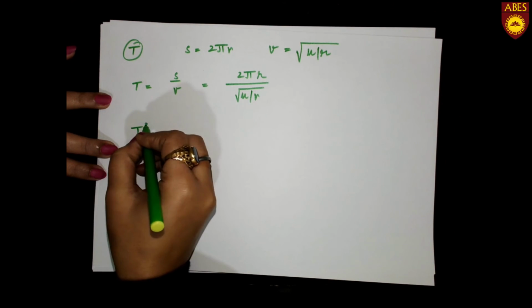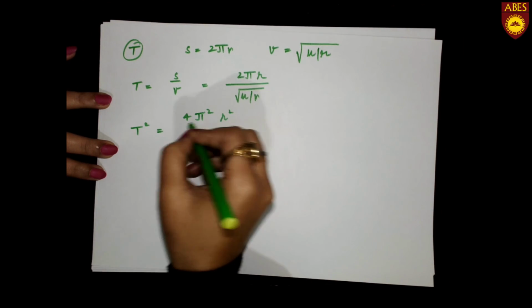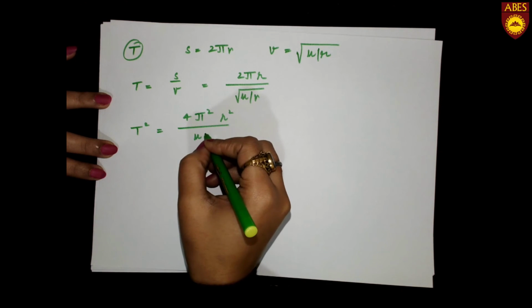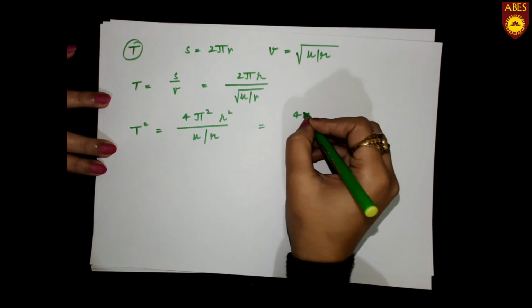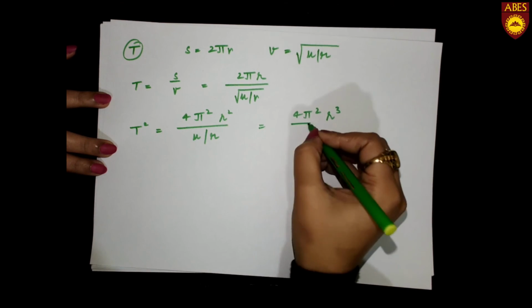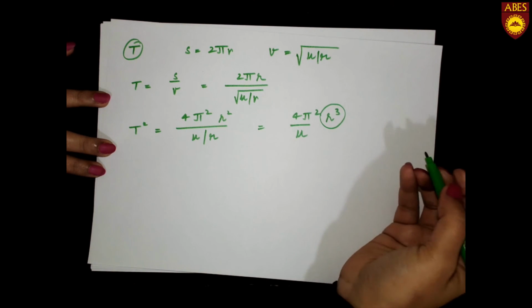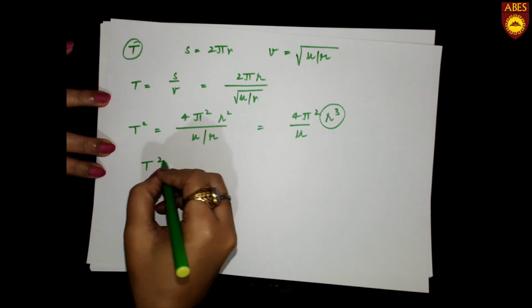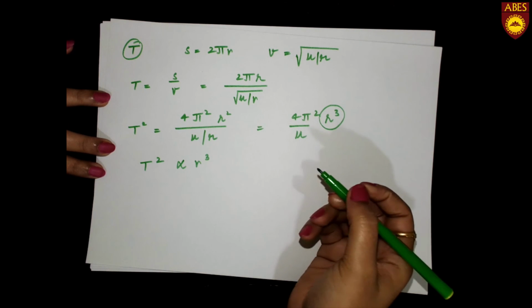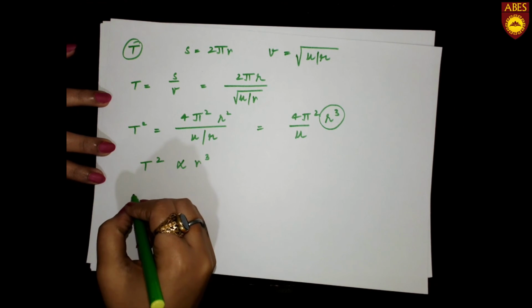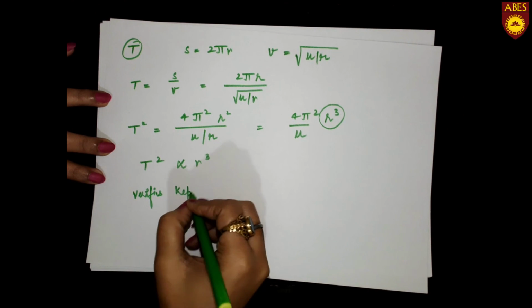Now squaring this time period gives you 4 pi square r square upon mu upon r, which gives you 4 pi square r cube upon mu. If it were an ellipse, this r would be replaced by a. So we can say that t square is directly proportional to r cube with this proportionality constant, which verifies Kepler's third law of motion.